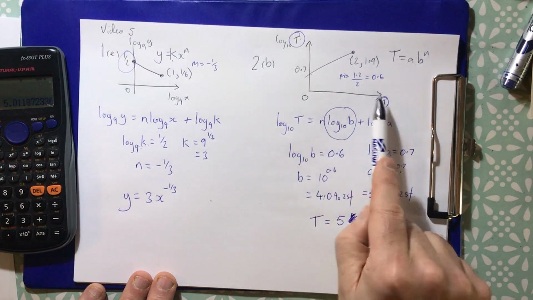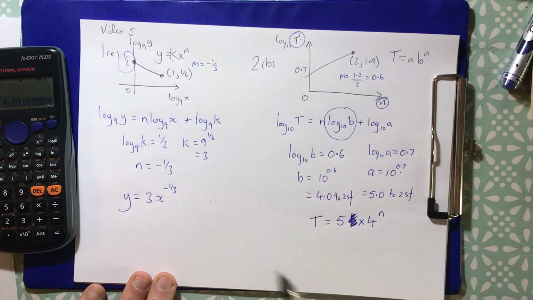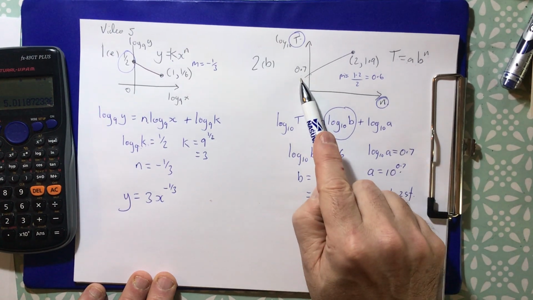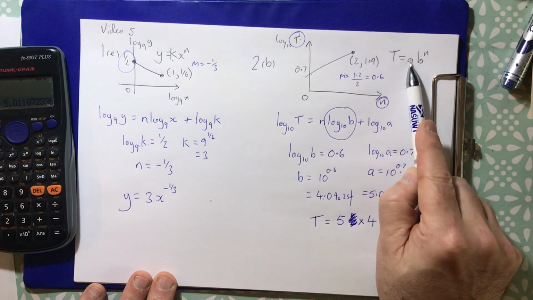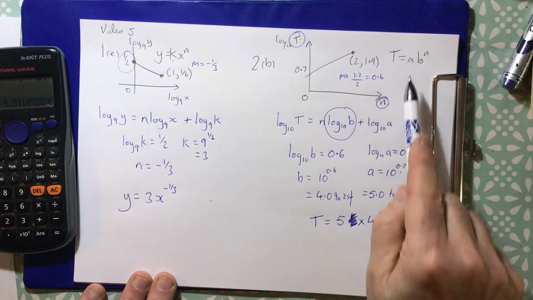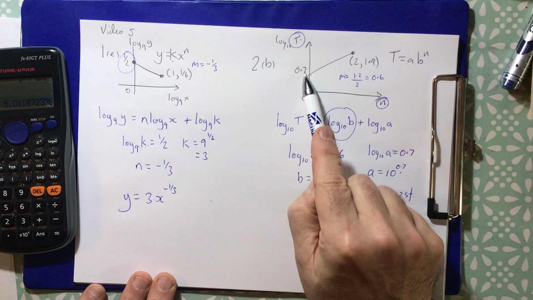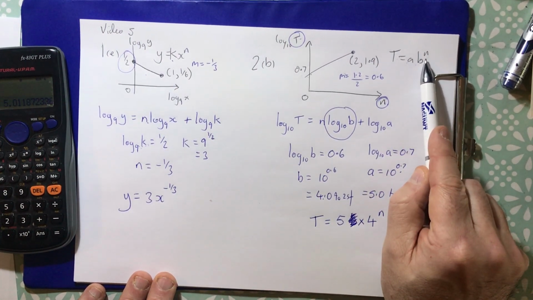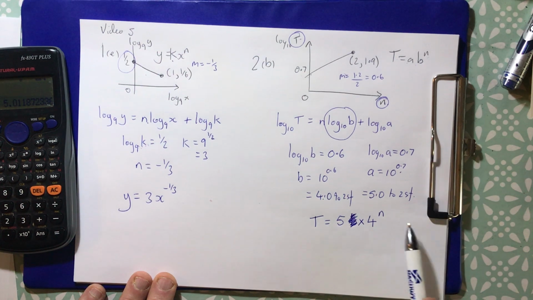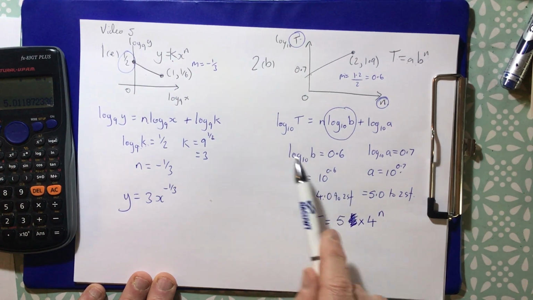Normally it's log y against x, but in this case it was log t and n. But where it crosses the y-axis, the exponential of that is still your multiplier, so it's the same as this. But it's the other way around with this one. You need to do the exponential again to find out what b was. Okay? So that's the difference between the two.